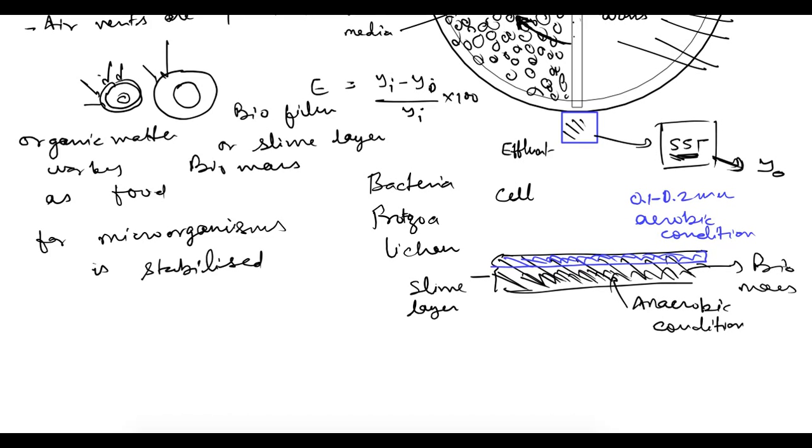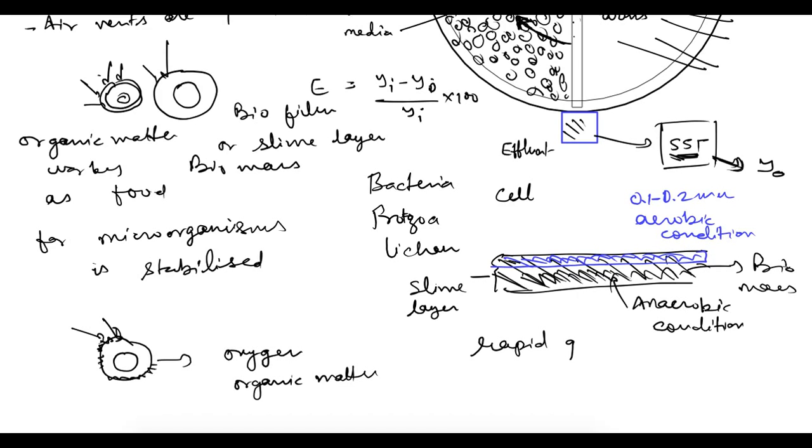When the organic matter comes into contact with this surface, more food is provided, so whatever bacteria is on the surface has ample supply of oxygen and ample supply of organic matter, that is its food. So the bacteria on the surface in this blue zone is in rapid growth phase. It is using this organic matter at a very high speed to grow.